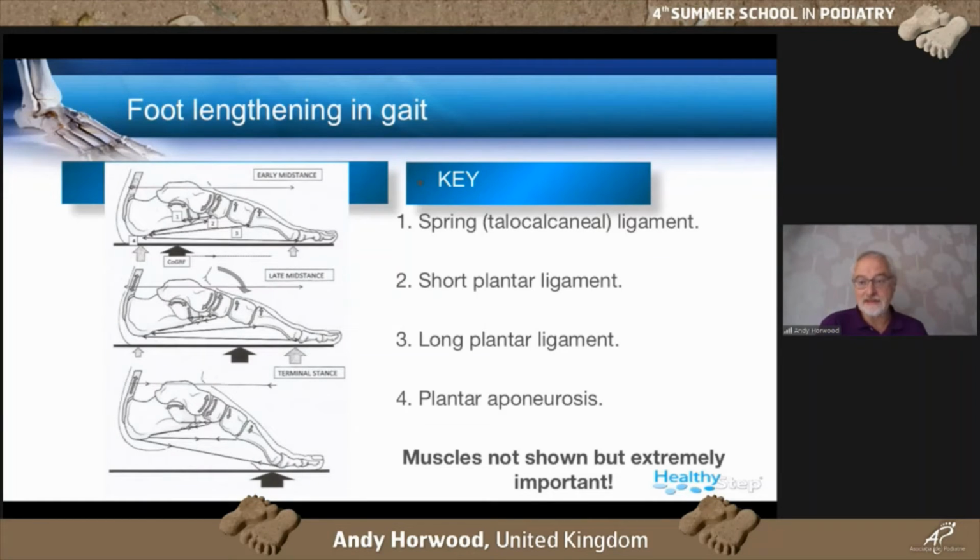So it's a passive stiffening mechanism, but it's one to use in terminal stance rather than to actually achieve terminal stance and acceleration, which is probably quite contrary to what you may have heard in the past. So it's worth pointing out that the windlass effect is very important for stiffening the foot prior to forefoot loading, but is not an important mechanism of stiffening the foot for acceleration, although it assists later in acceleration.